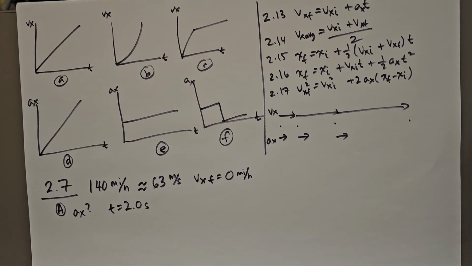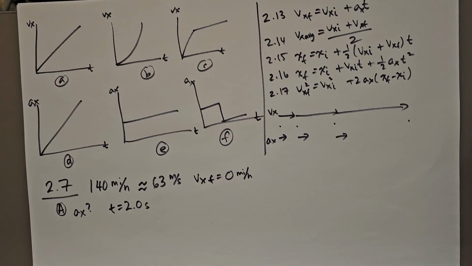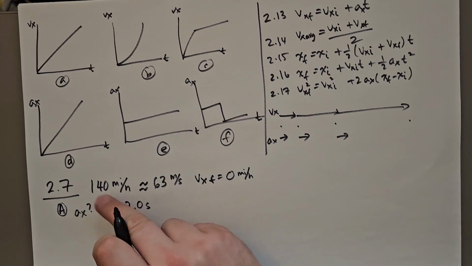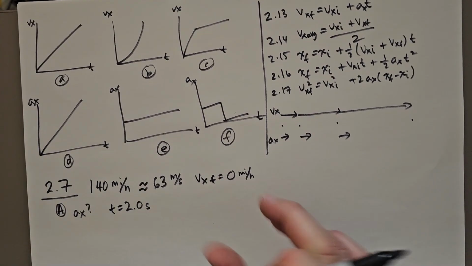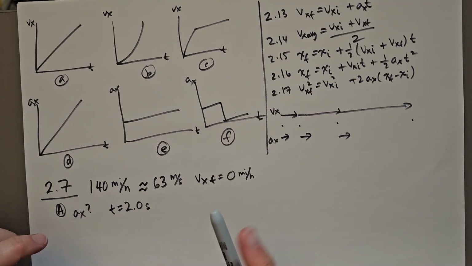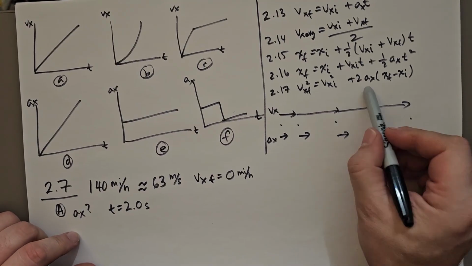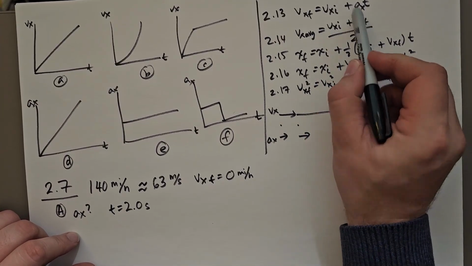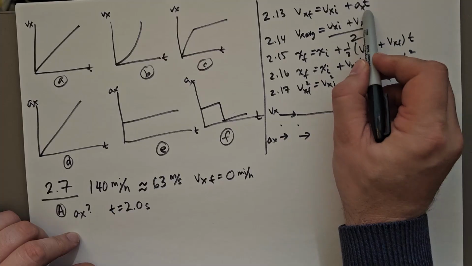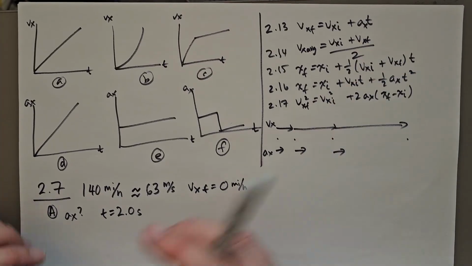All right. Let's see if we can just use these two things. So we know it goes from 140 to 0 in 2 seconds. And we're looking for the acceleration. So we want an equation that has the acceleration. There. This one also has the position. That's not a good one. This one has the acceleration, the two velocities, and the time. So we can solve using this equation.